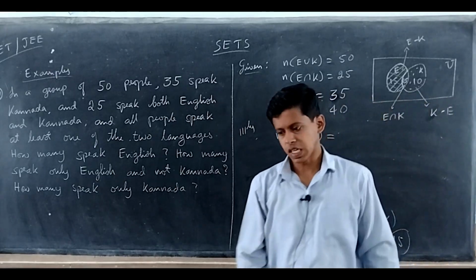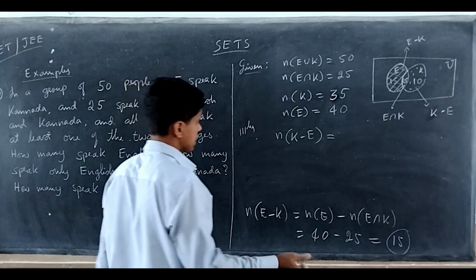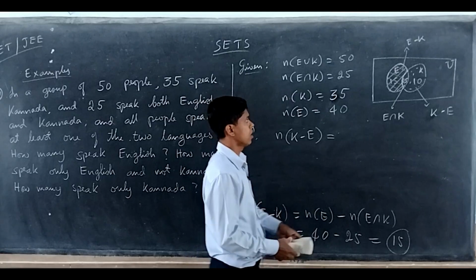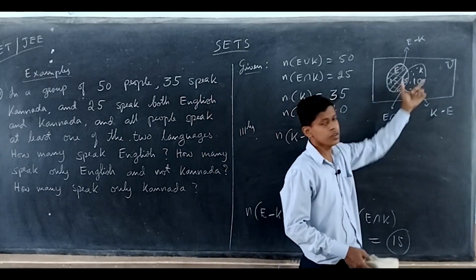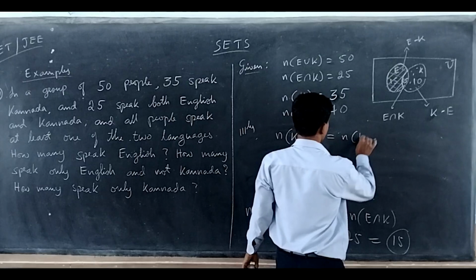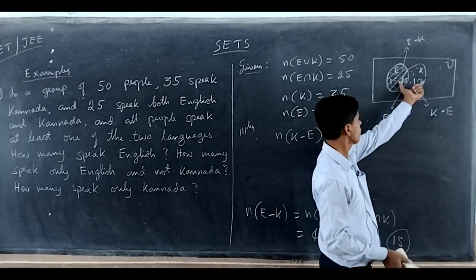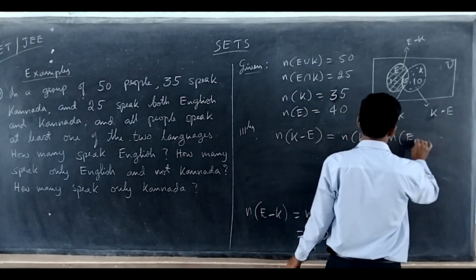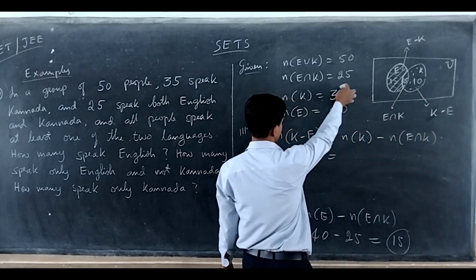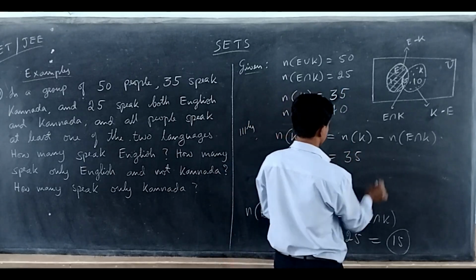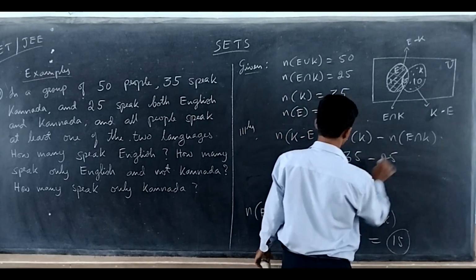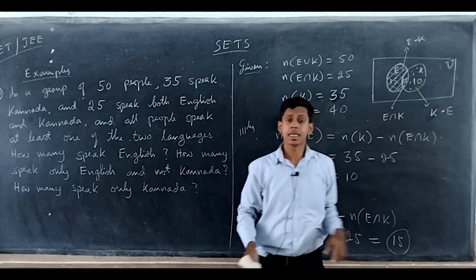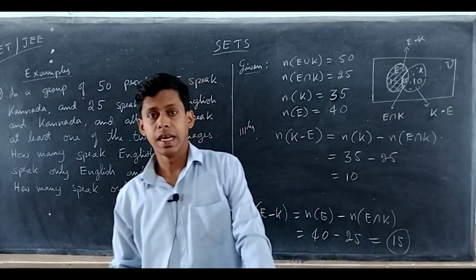This region is N of K minus E. See, how do you find this? From N of K, what you have to subtract? You have to subtract E intersection K. Now what is N of K? N of K is 35 minus 25, and that is 10. So 10 is K minus E. That means only K and not E.